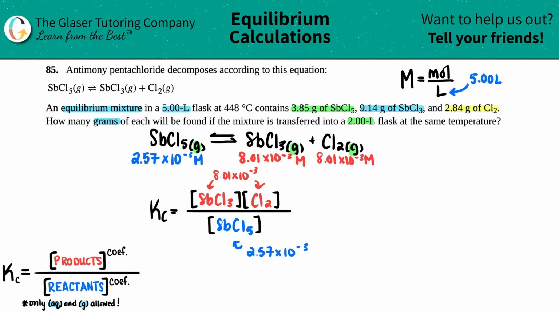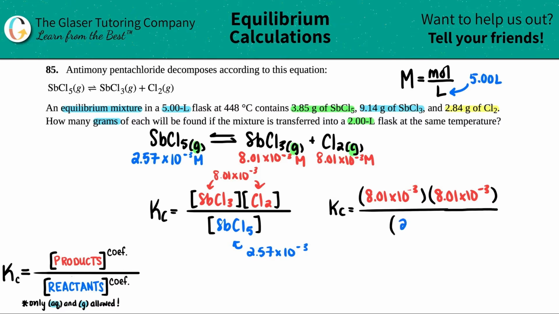So let's get it. Kc equals 8.01 times 10 to the negative 3 times 8.01 times 10 to the negative 3. That's basically the same thing squared, right? And then divide all of this by 2.57 times 10 to the negative 3.